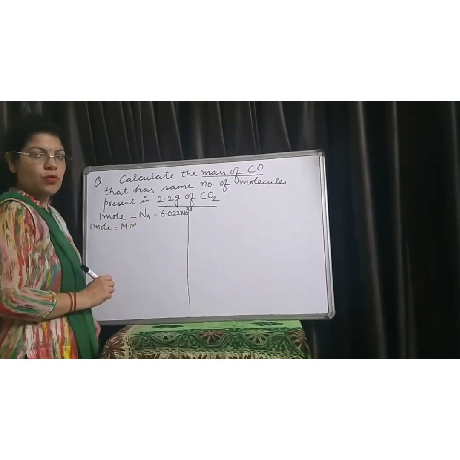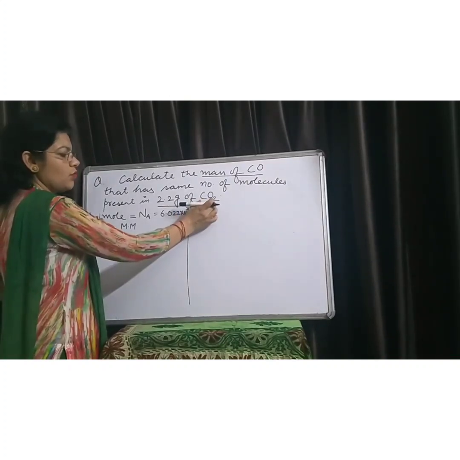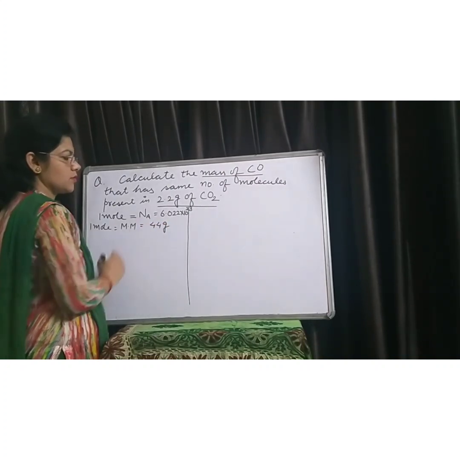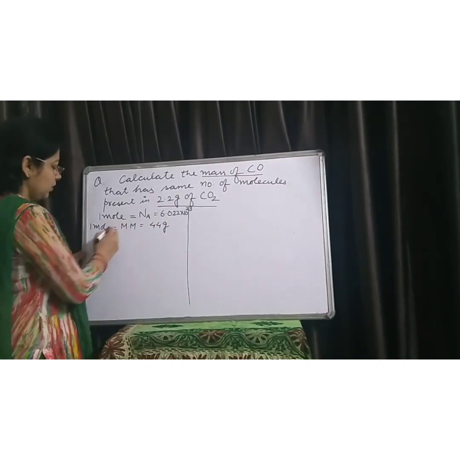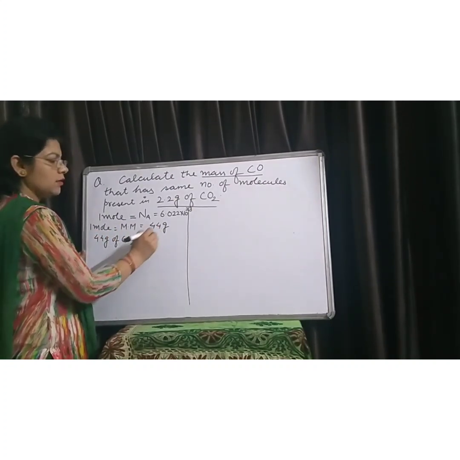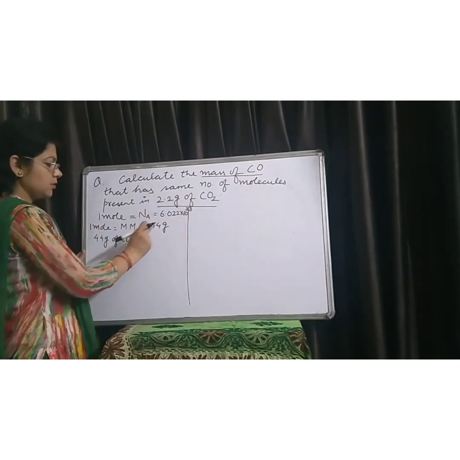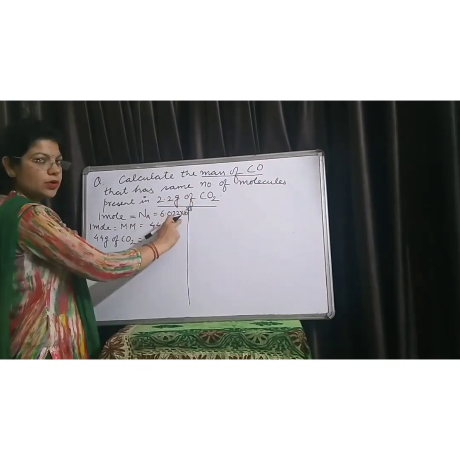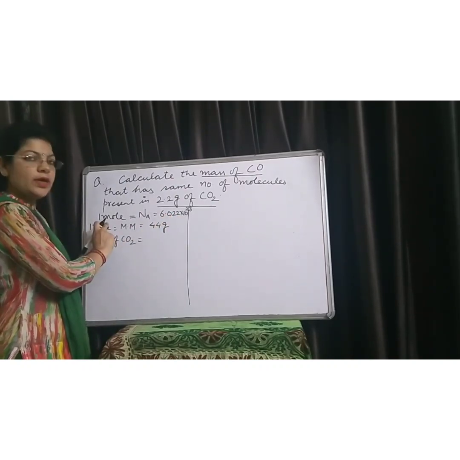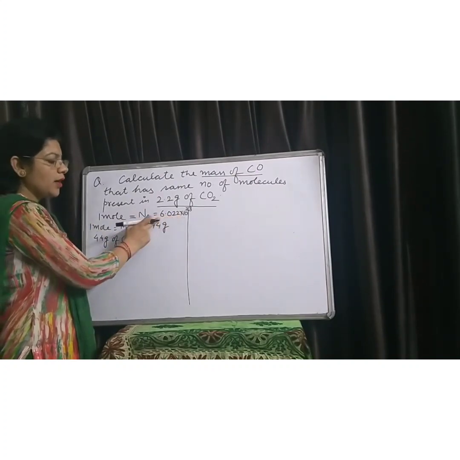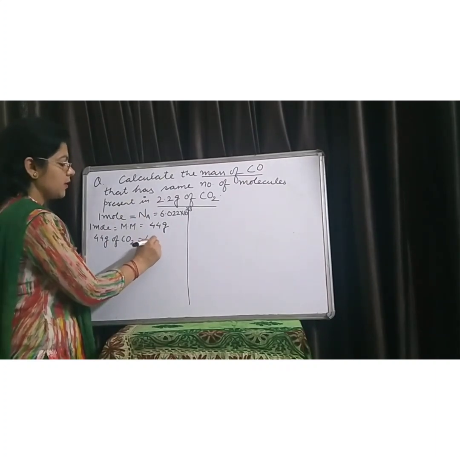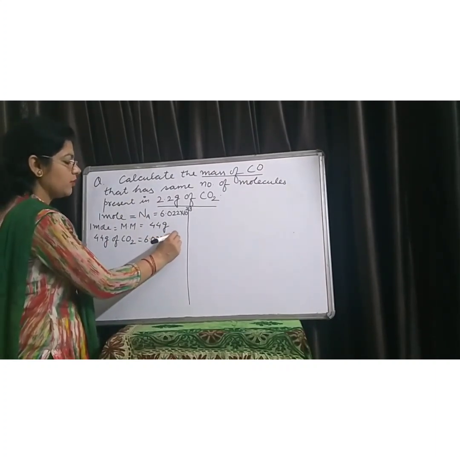So, first of all, we have to calculate the molecular mass of carbon dioxide, that is 44 grams. Now, in 44 grams of carbon dioxide, the number of molecules present is equal to Avogadro number, as 1 mole of the substance always contains the number of particles equal to Avogadro's number, that is 6.022 into 10 raised to power 23.